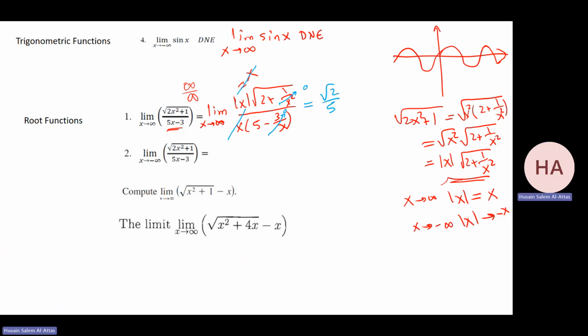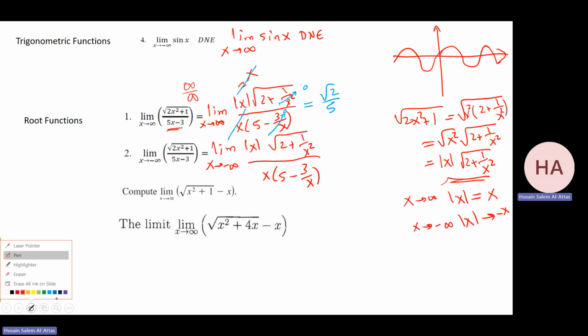Now, if we do the same for the second one, I need to be careful. Why? Because this one will be the limit as x goes to minus infinity. The same thing, absolute value of x, square root of 2 plus 1 over x squared, over x, 5 minus 3 over x. Yeah, but be careful in this case. Because absolute value of x is equal to what?